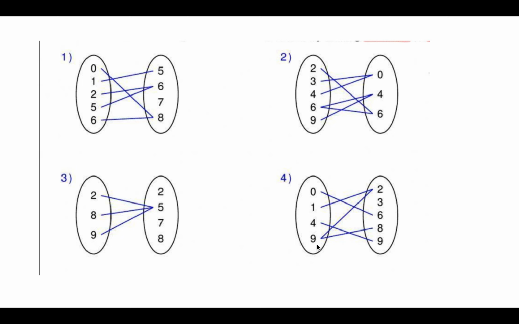But if you see, 9 has two images in the next set: 9 has an image 2 and 9 has an image 8. So it's not a function, it is just a relation. We'll go to the next.